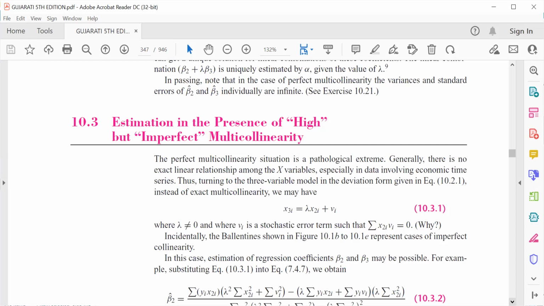In the form given in equation 10.2.1, instead of exact perfect multicollinearity, we have in 10.3.1 a residual here. This residual represents some number. So between X3 and X2 there is not perfect multicollinearity.